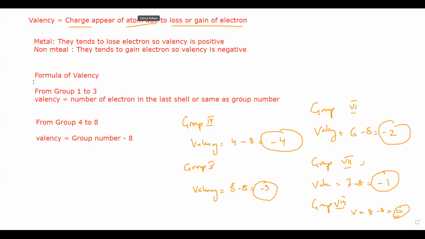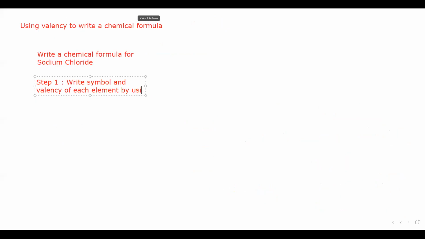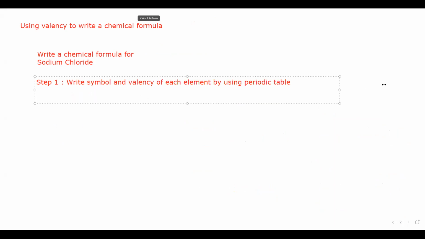First step, number 1: first we will write the symbol and the valency of each element by using the periodic table.